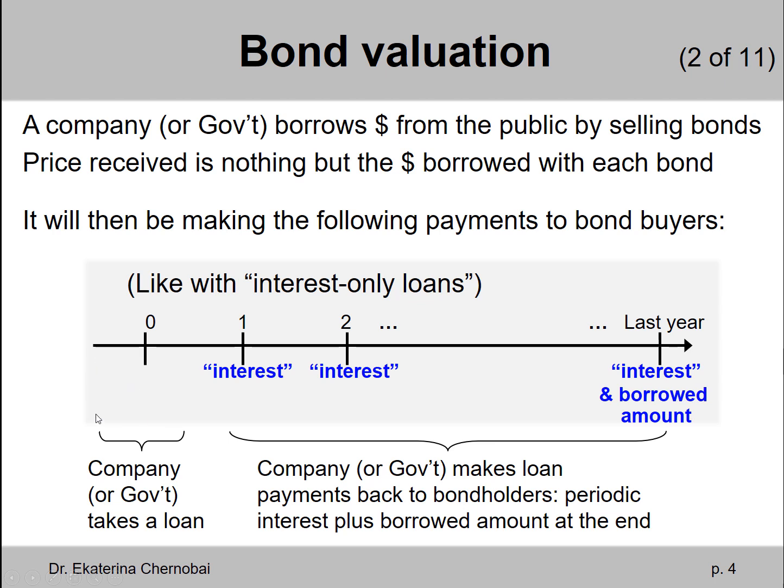And in return, kind of like with interest-only loans that were covered in the previous chapter, the corporation or the government will be paying back regular loan payments that reflect interest. It's actually more like interest-only loans. So the company or the government will be paying interest periodically, and at the very end, it will also pay the borrowed amount in one large chunk.